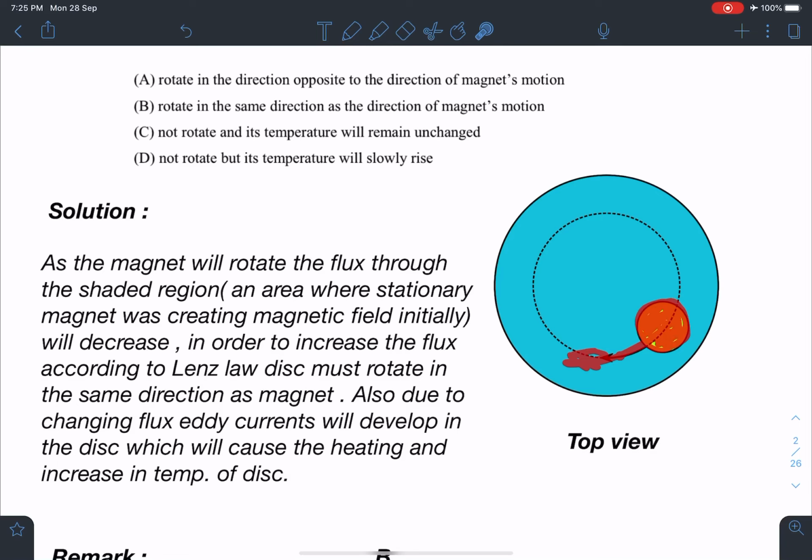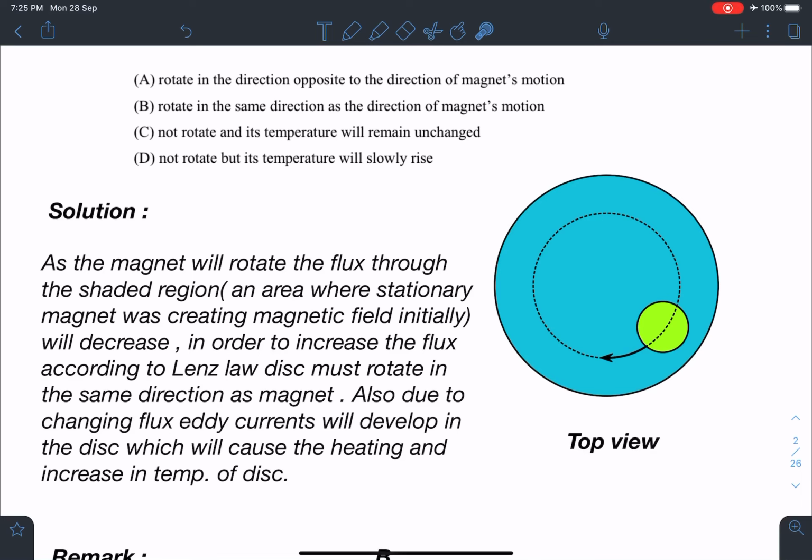But the moment this magnet starts moving, in this light green part or this circular part, the flux value will start changing, it will start decreasing. So the tendency of this part will be to increase this flux, whereas in the remaining disc, earlier the flux was 0 in the remaining part, and the moment this magnet starts moving over the blue part of the disc, you will find the flux starts increasing.